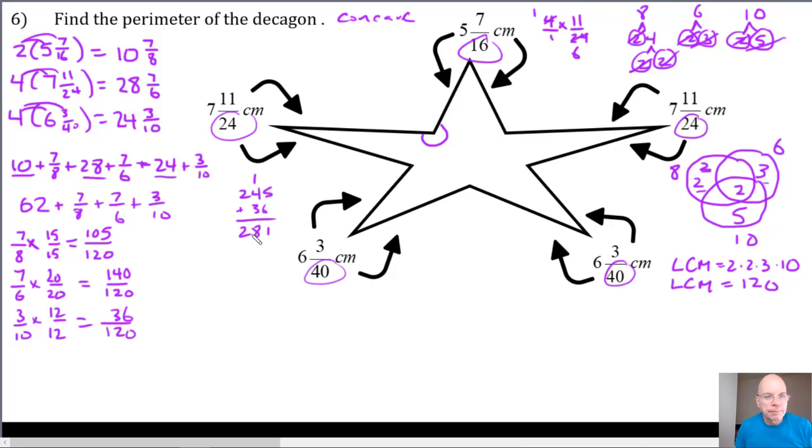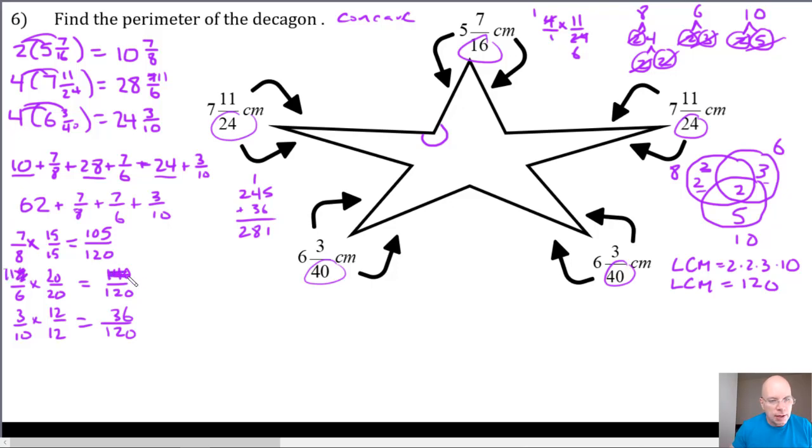Okay. Well, if you're watching closely, you may have noticed that for some reason, when I did this distribution, this should have been, this should be 11/6. That doesn't change things too much.